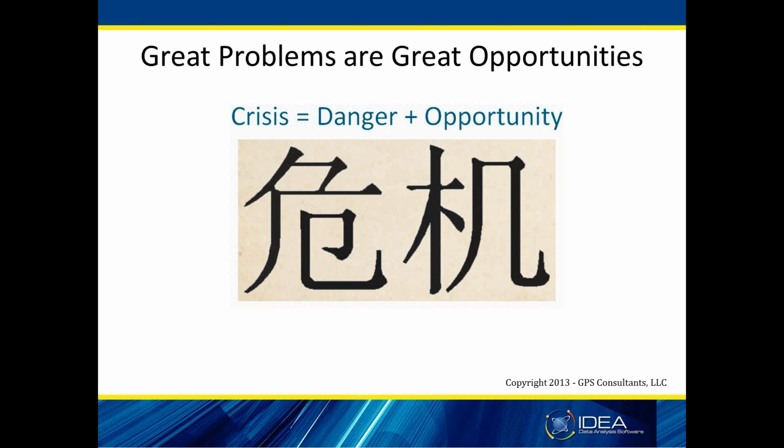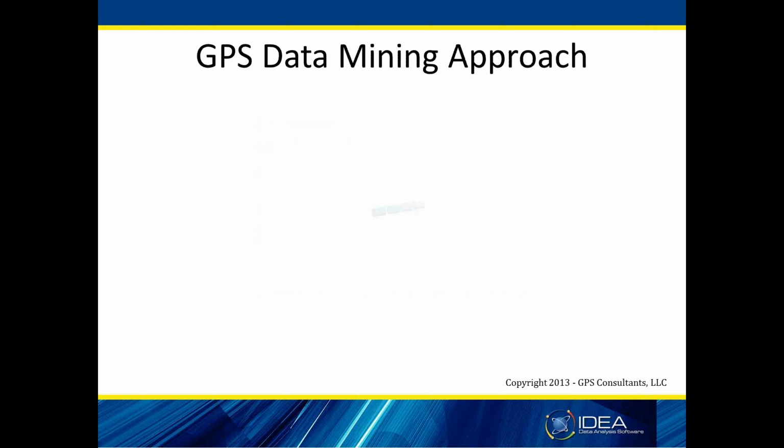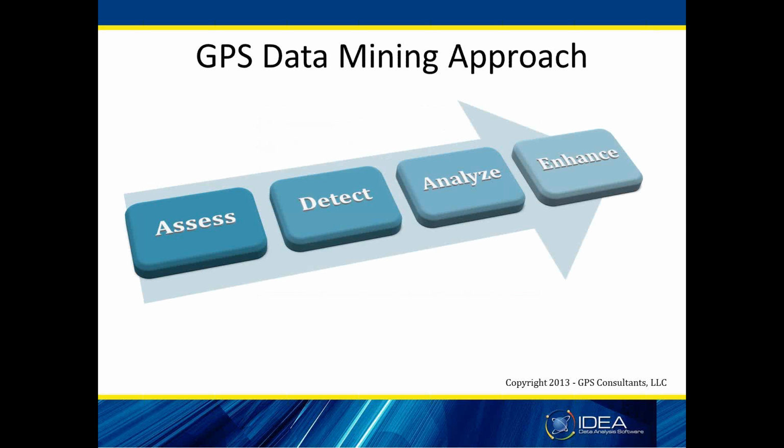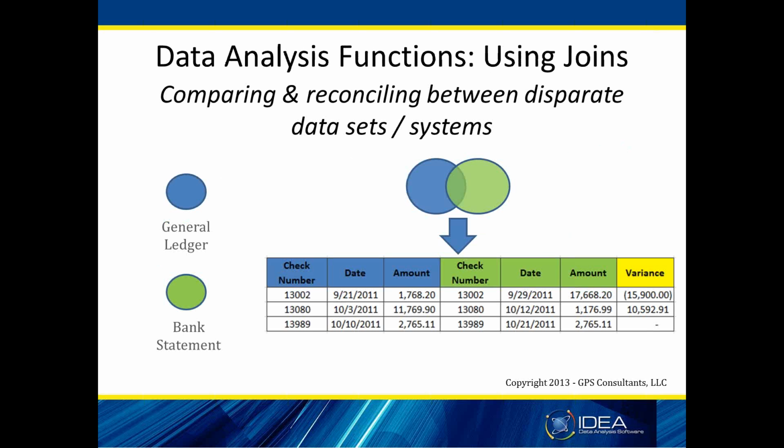So I look at it as where there's great opportunity, there are great problems, but also where there are great problems, there's great opportunity. So how do we do this? We do this through our data mining approach, and I'm going to break into what that is.